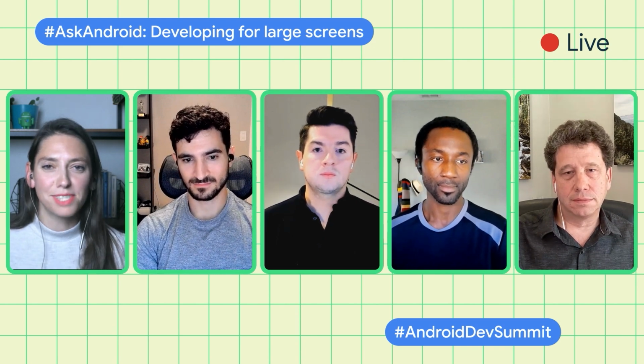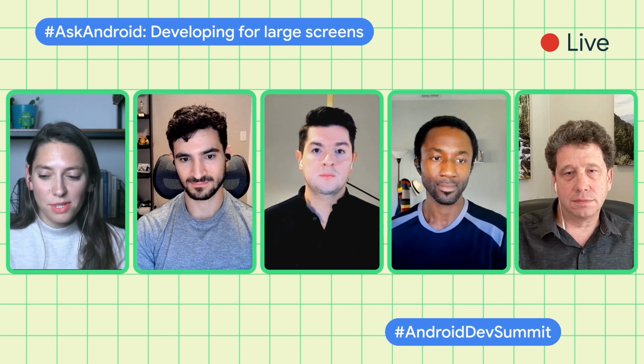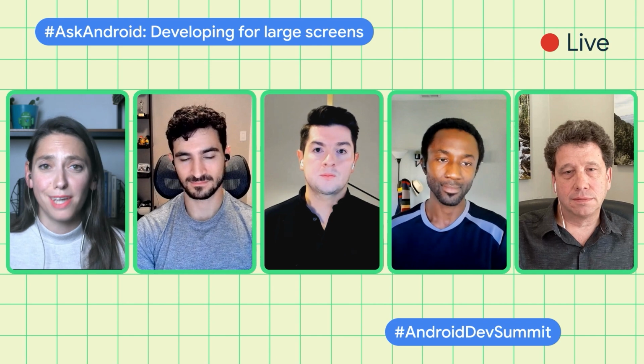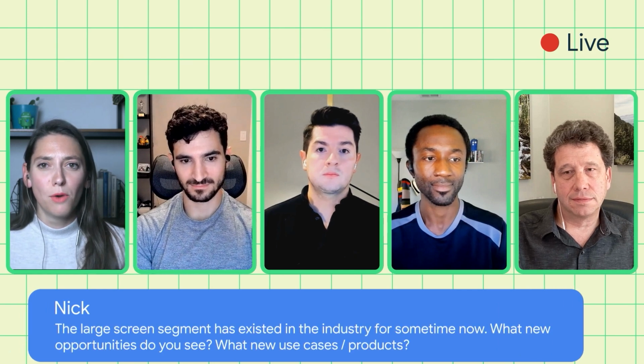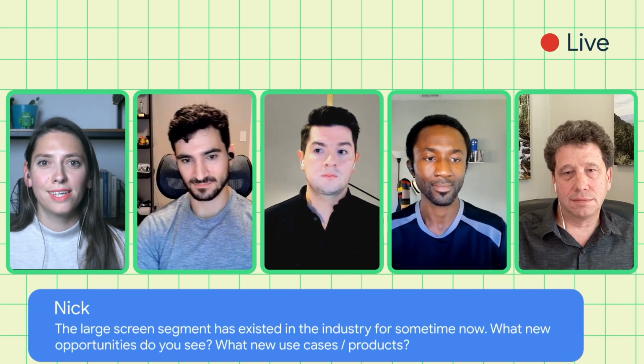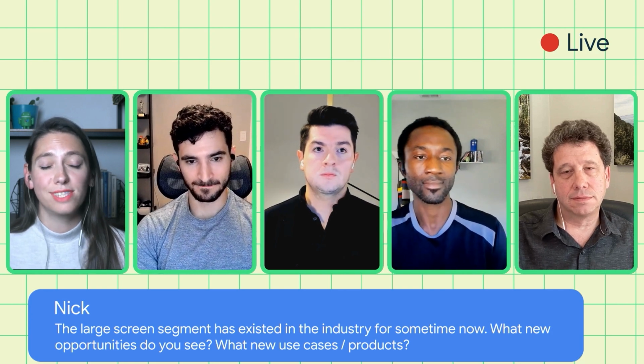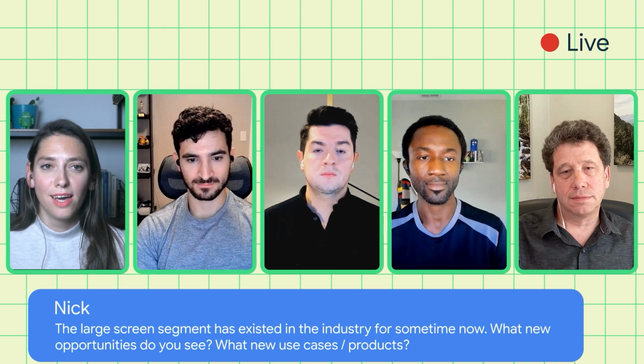If I can start this one, I think what's incredible is the growth of Android tablet activations. In the last year, it was like 100 million new Android tablet activations, which is a lot. And we've seen over 250 million active large screen devices running Android.